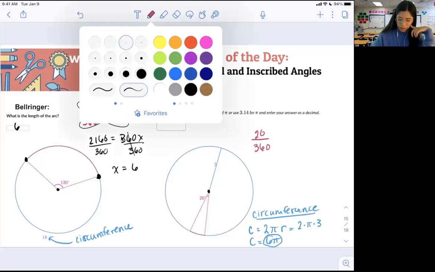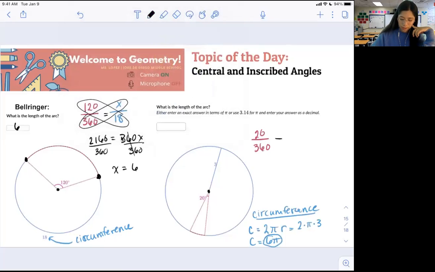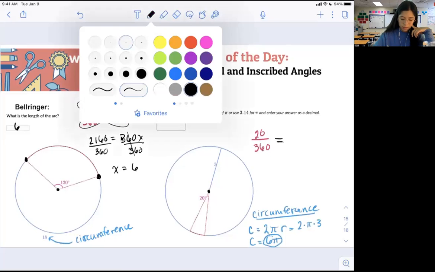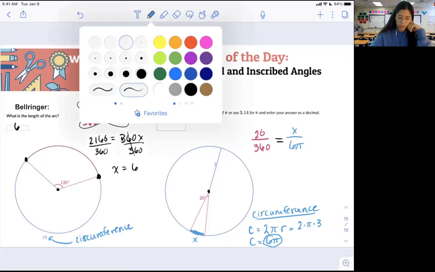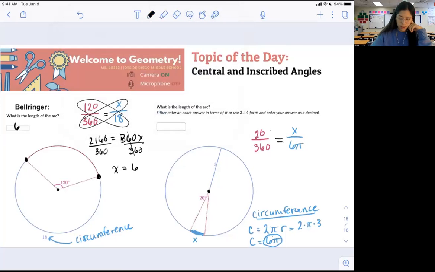And now that we know the circumference, we can fill in the right side. So we're still looking for x. We still don't know that portion of the circumference, but we can write x over 6 pi. And we basically just treat pi like a variable. We're not going to use any numbers for pi. We just keep it kind of like a variable.